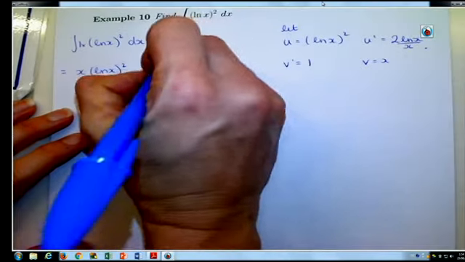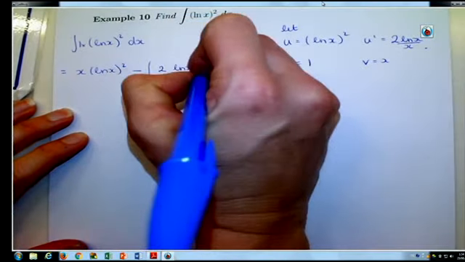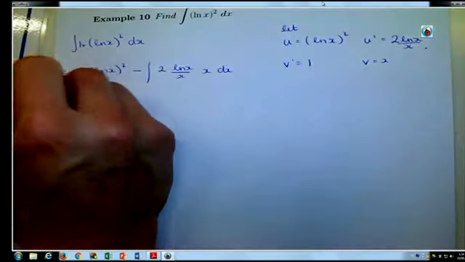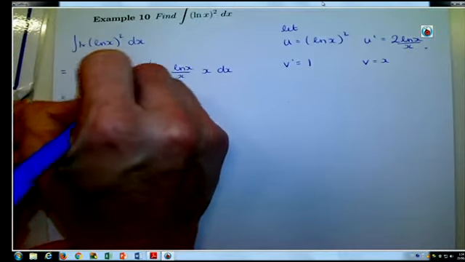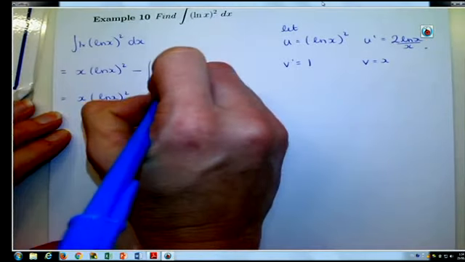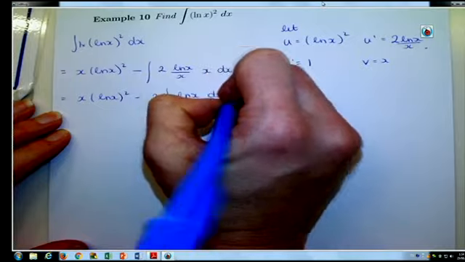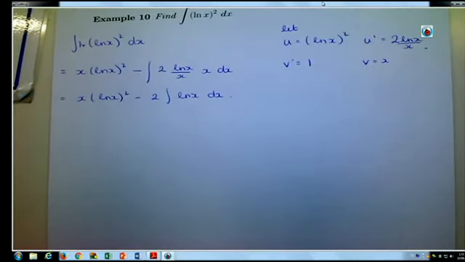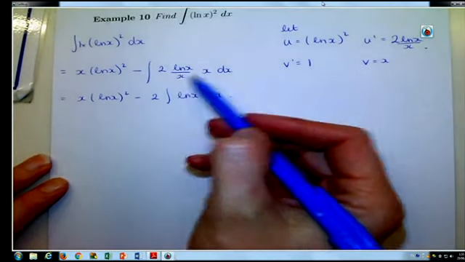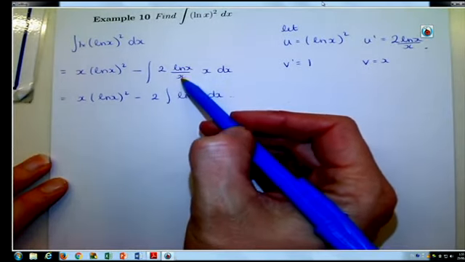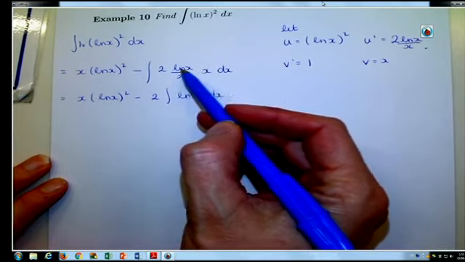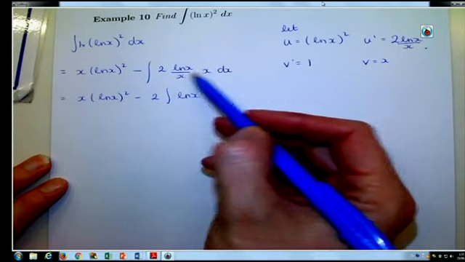So that will be 2 log x over x times x dx. Okay, so this x here cancels out with this x. Don't cancel those two. That's not a timesing. This is a dividing and this here is not timesing. Cancel out those two, that's okay.